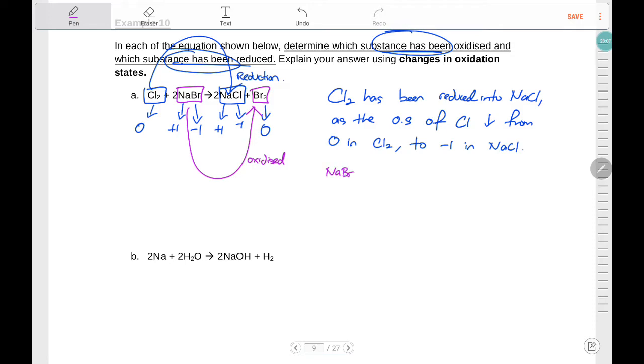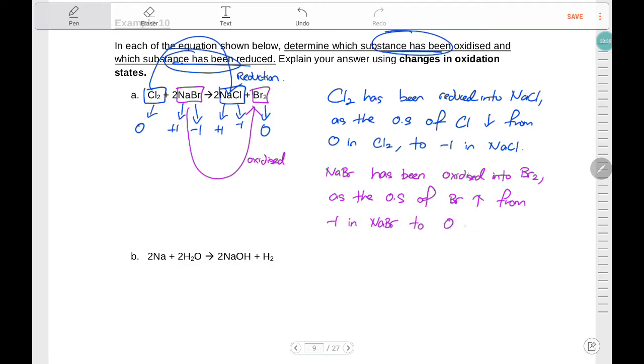While NaBr, again, I left out the 2, it's not important, NaBr has been oxidized into Br2 as the oxidation state of Br increased from minus 1 in NaBr to 0 in Br2.